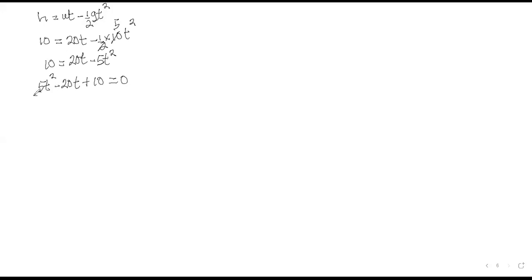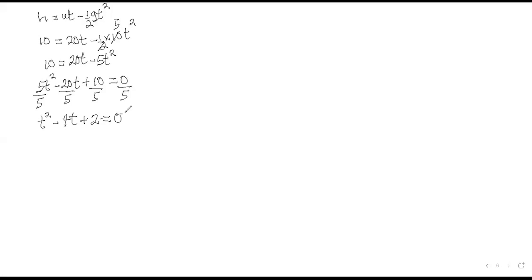When we divide through by 5, because all the coefficients are divisible by 5, we have T squared minus 4T plus 2 is equal to 0. Class, are you okay here?